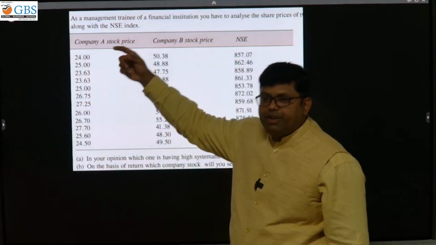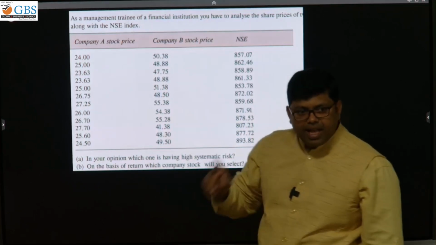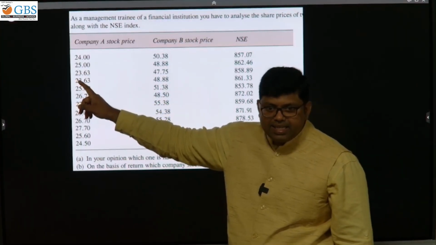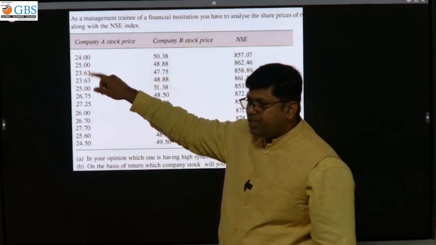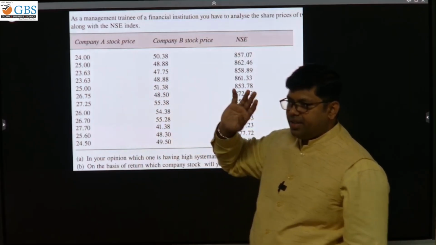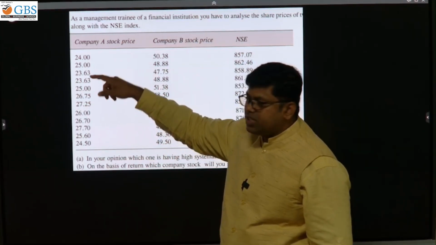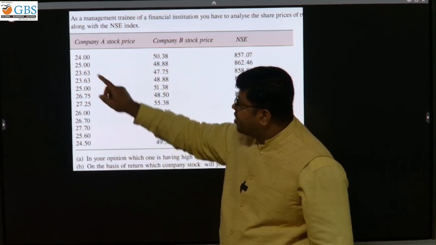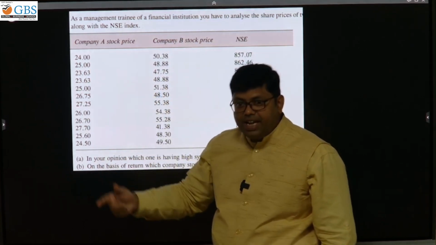25 minus 24 divided by 24 into 100. 23.63 minus 25, not 24 but the previous, 25, divided by 25 into 100.